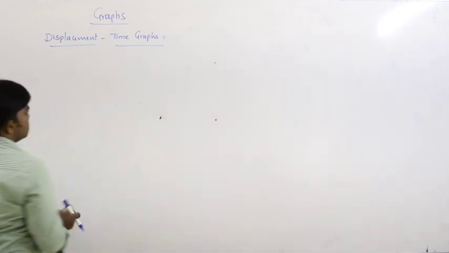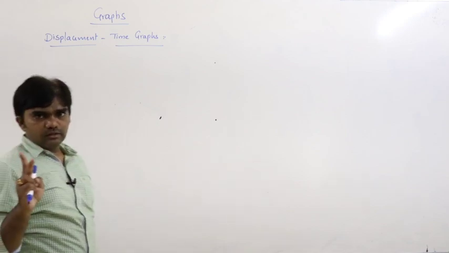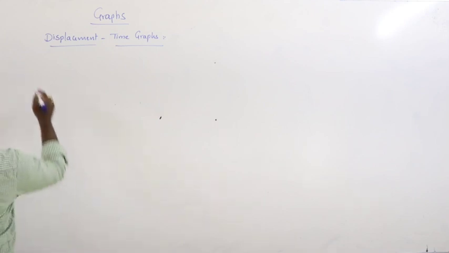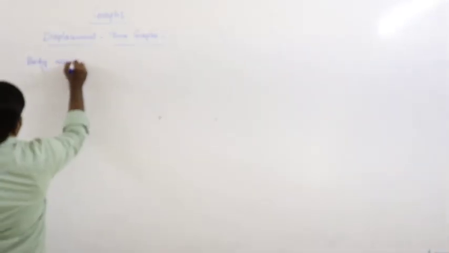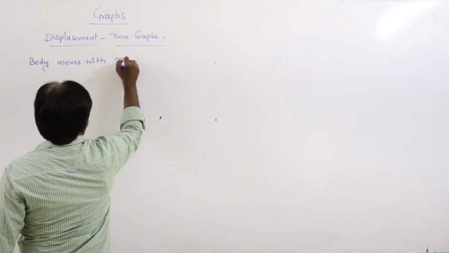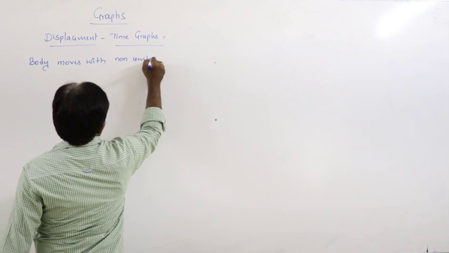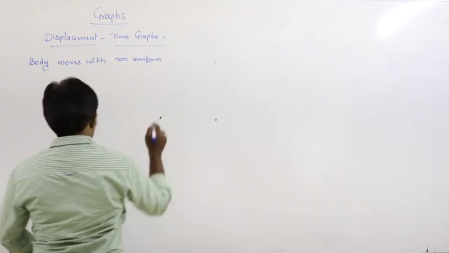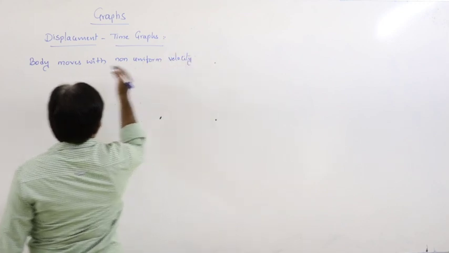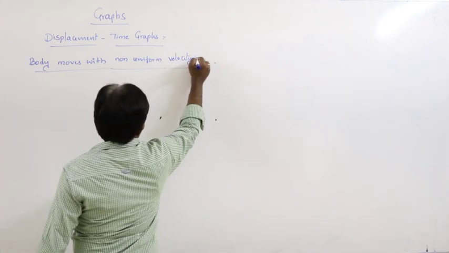Next. So we discussed two graphs here: body at rest, and body moves with uniform velocity. Next condition, body moves with non-uniform velocity.